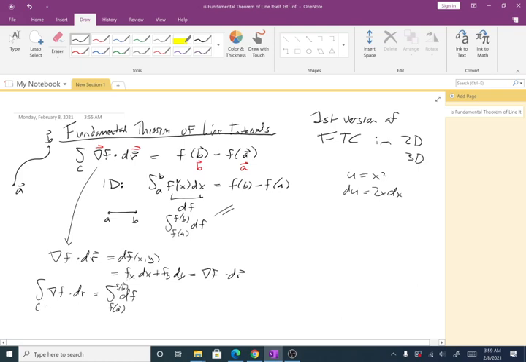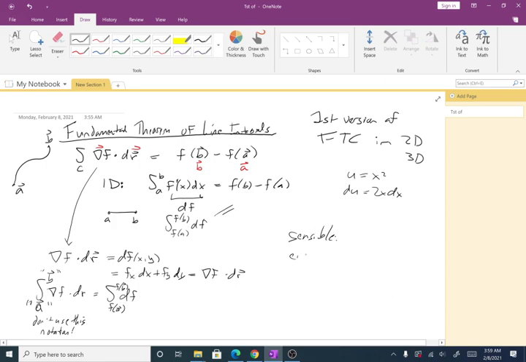And moreover, in this gradient case, you could think of the curve C as going from A to B in the vector sense. I wouldn't use this notation, but it is a nice way to think about it.